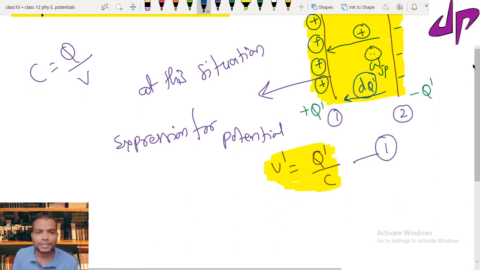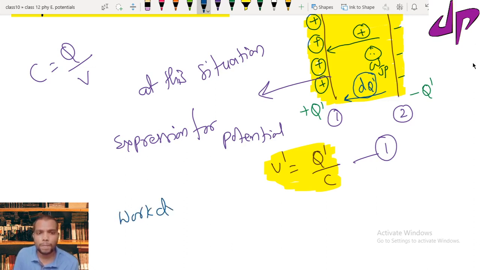A small work, which I label as dw, equals V dash times dq dash.